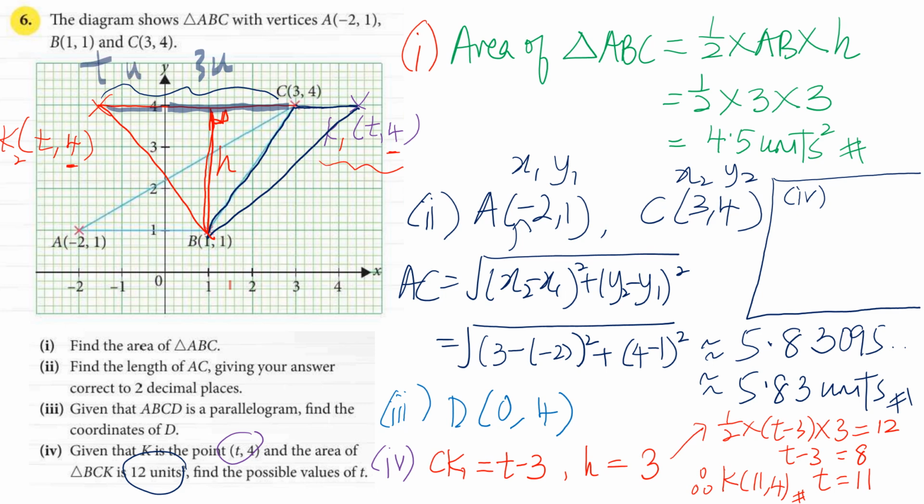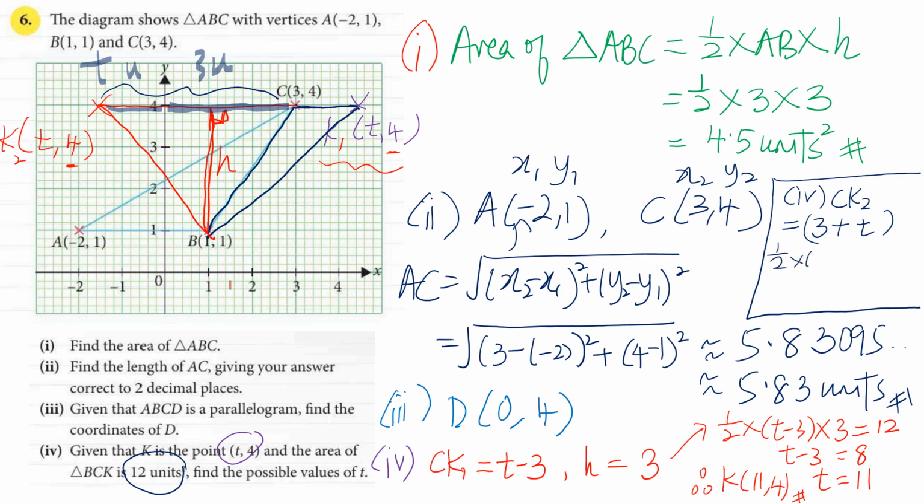So in this case, your distance CK2 will be 3 plus t. Okay, the formula is still the same.